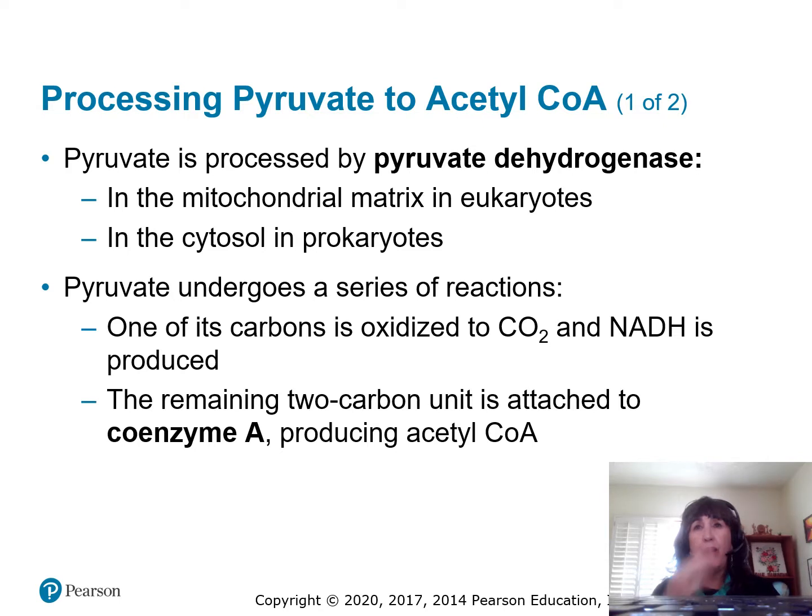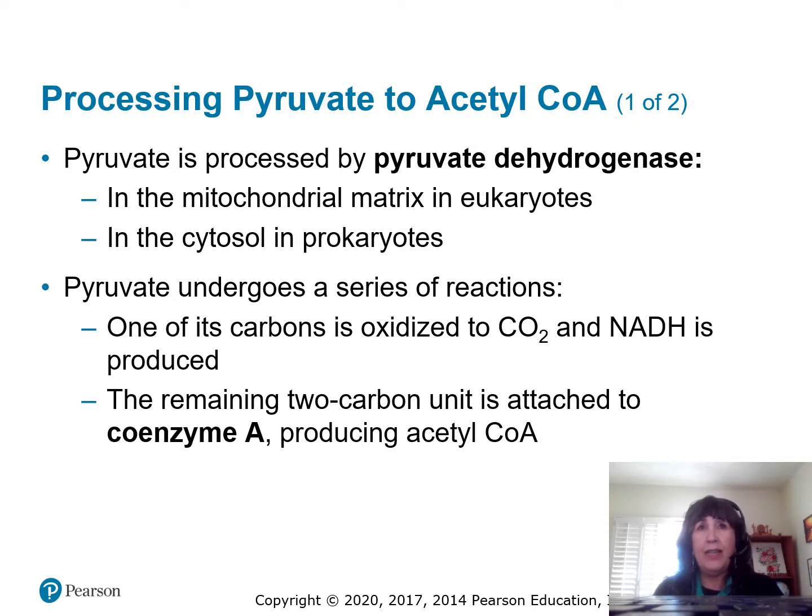And we're going to go from a 3-carbon molecule, which is pyruvate, to a 2-carbon molecule, which is acetyl-CoA. So what's happening here? This one is going to occur in the mitochondrial matrix if it's a eukaryote. And remember, in prokaryotes, there's no organelles, so it has to occur in the cytosol or cytoplasm.